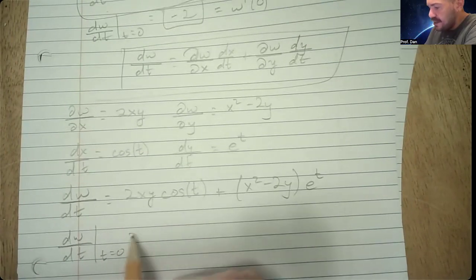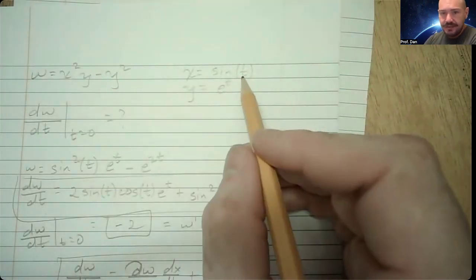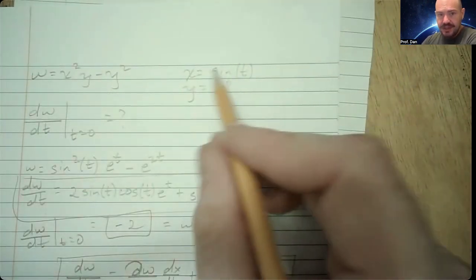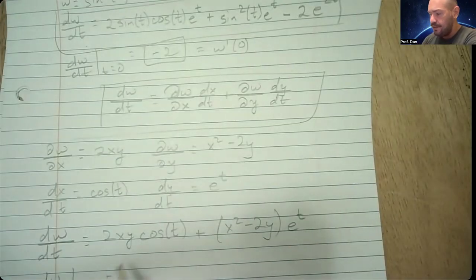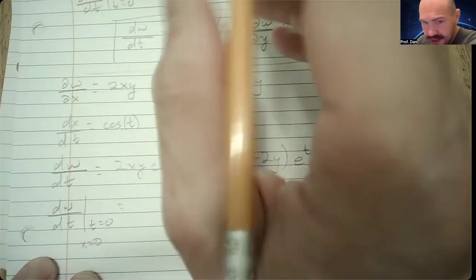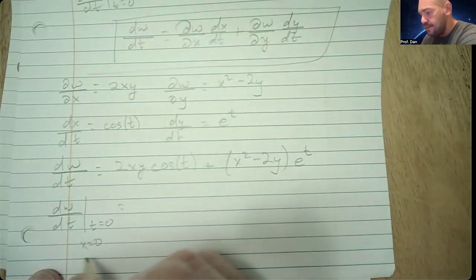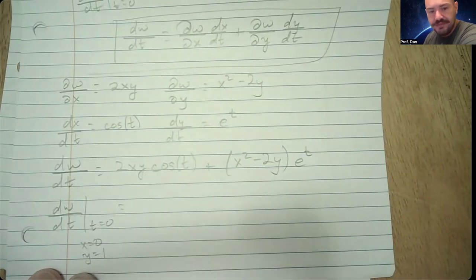Instead, I could figure out what x and y are when t is 0, which would be fairly easy, right? Because if t is 0, then x is sine of 0, and that would just be 0. So x would be 0, and then y is e to the t. E to the 0 would be equal to 1.